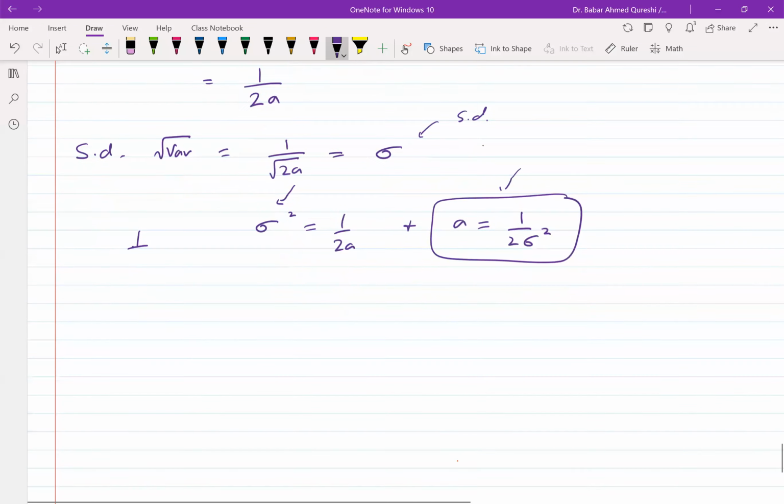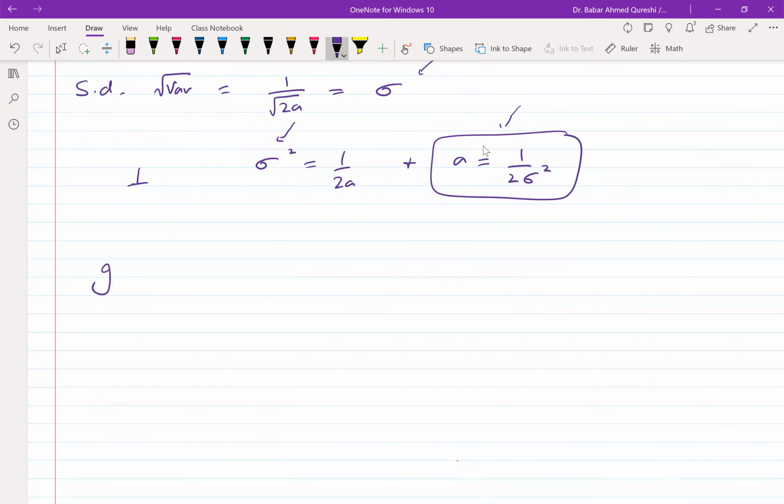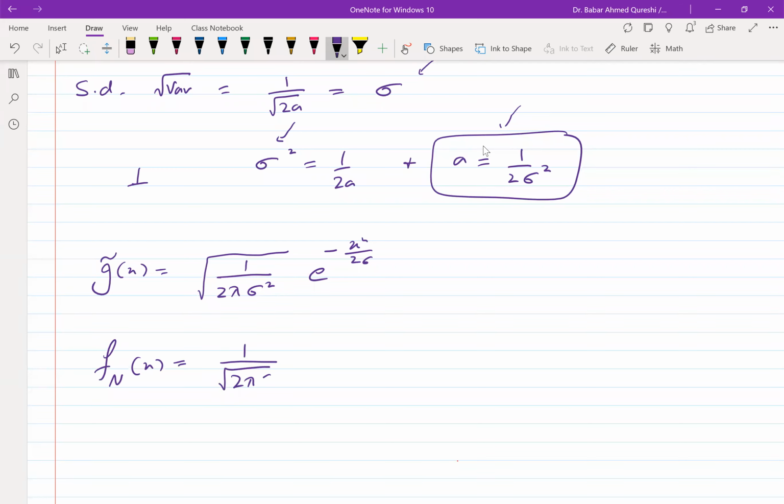So let's replace it in our probability distribution. It becomes 1 over 2 pi, because there was an a up there, and a is 1 over 2 sigma squared. So this finally is the form of Gaussian which is used.